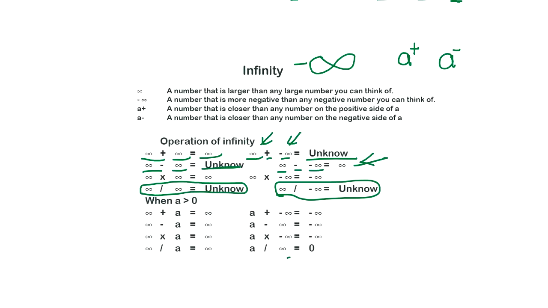So what you do is, using limit, this is what it means: limit as n goes to infinity of a over n. As n goes to infinity, it's 0. Okay?